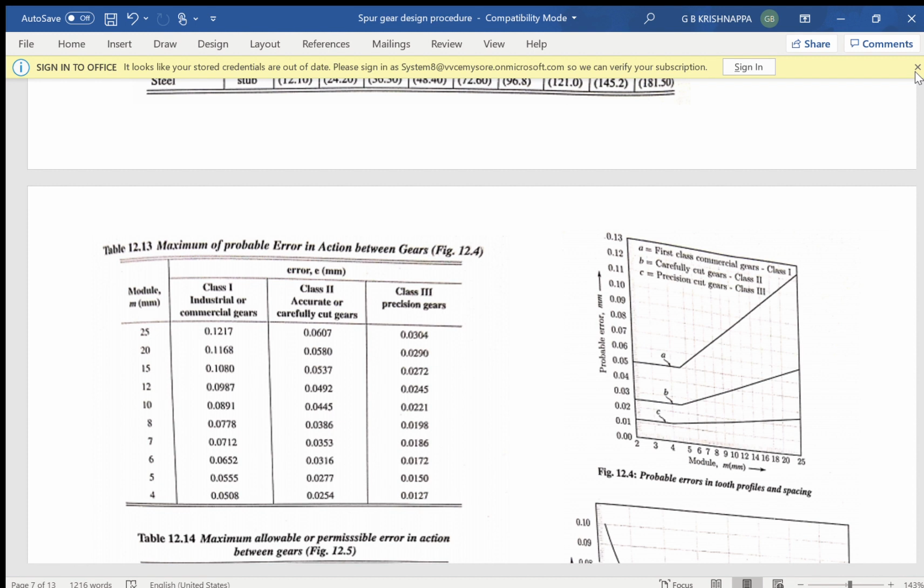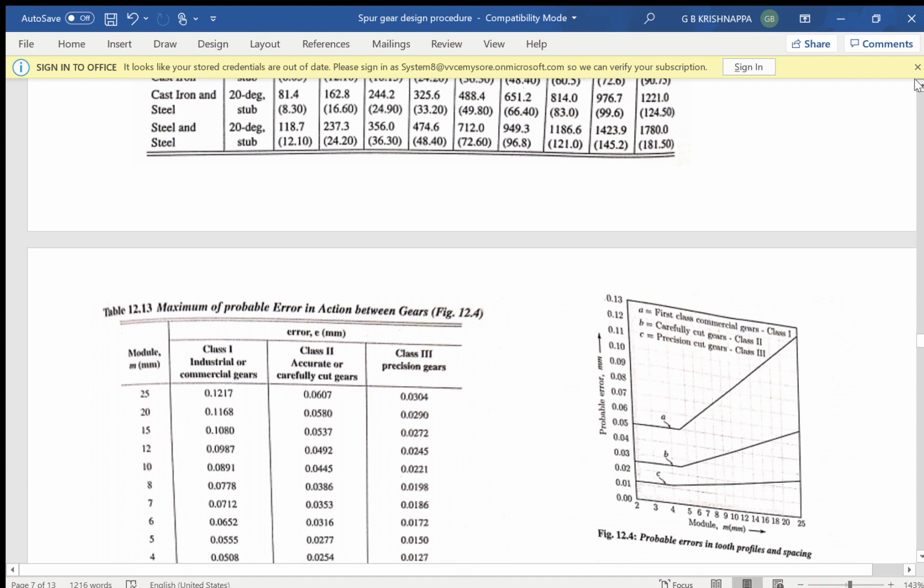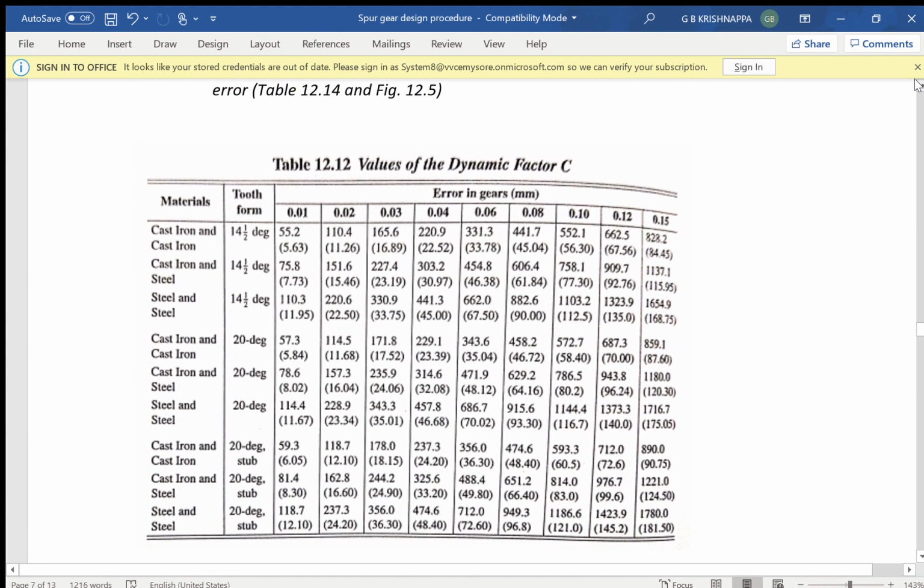That E value can be considered in calculating the capital C value from here. Assume 0.05 is the error. Here we don't directly have 0.05. Now the material is cast iron and steel, say 20 degree full depth involute.